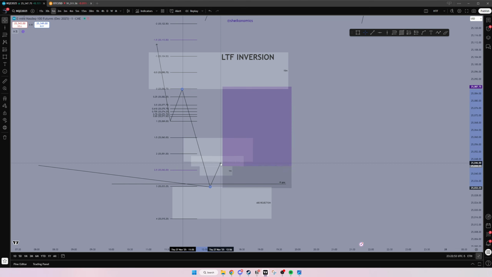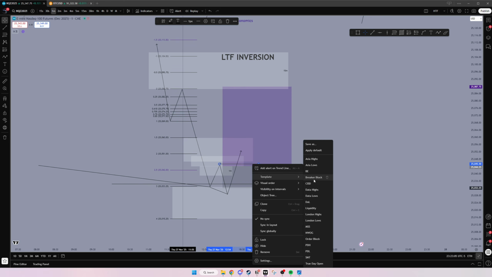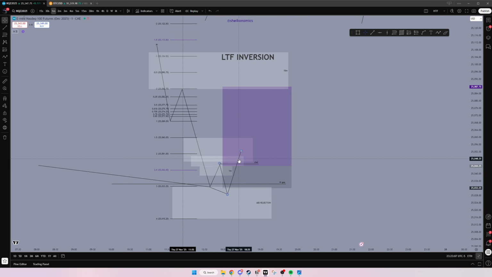Sometimes you can also get a resweep right here and get, for example, an internal SMT. So now you have stacked SMTs at your stop loss, and you also have, let's say, a CISD right here. So this validates this order block right here and it gives extra protection to your stop loss. So this is an example where you could take the lower time frame inversion.